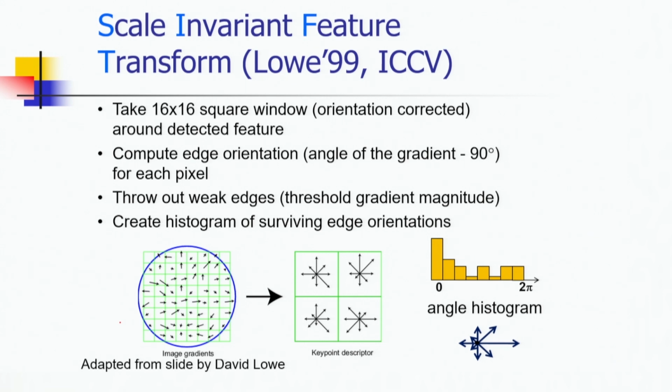Through empirical experimentation, these are the things they have found, and this is how the descriptor is computed. First, you take a 16 cross 16 square window which is orientation corrected around the detected features. Orientation corrected means that you have the dominant direction.